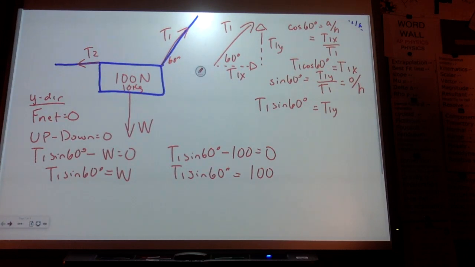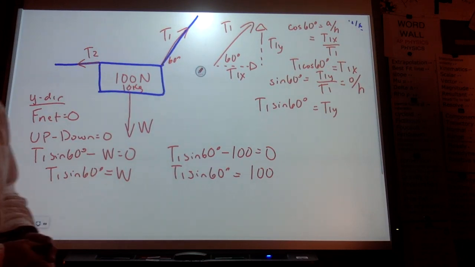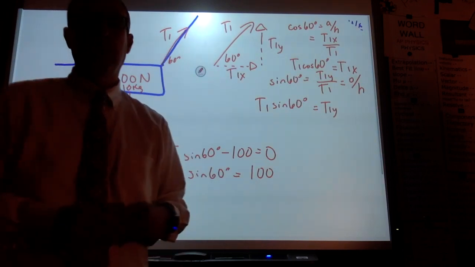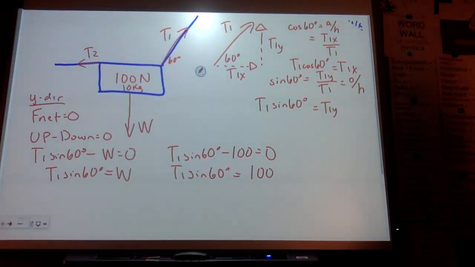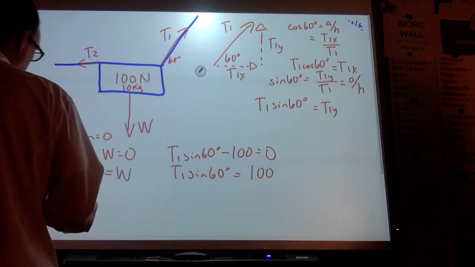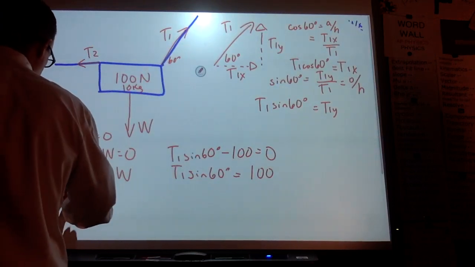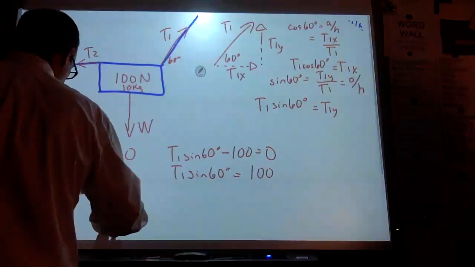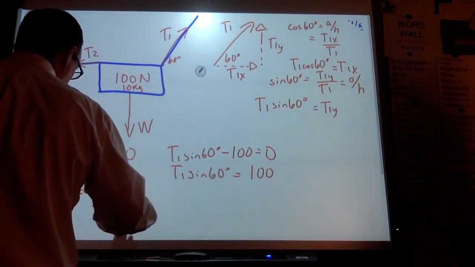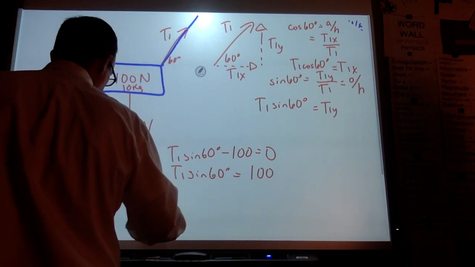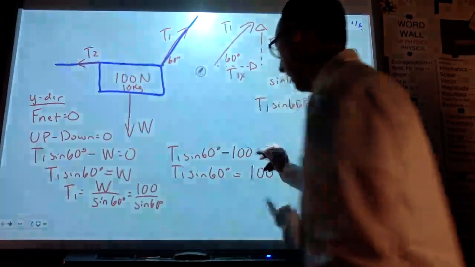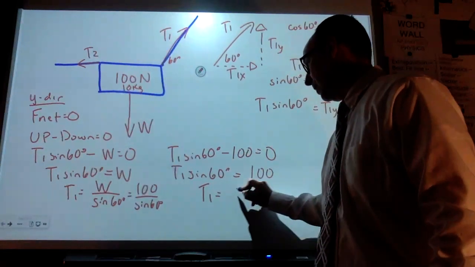And then I need to divide by sine of 60. And sine of 60 is just some decimal. It's 0.866. Right? It's radical 3 over 2, if you remember that from math class. So this is going to be 100 divided by the sine of 60.